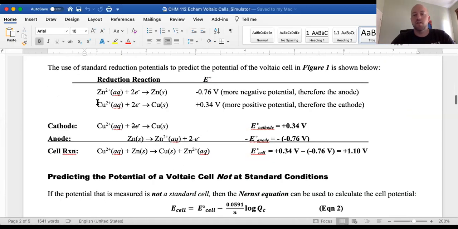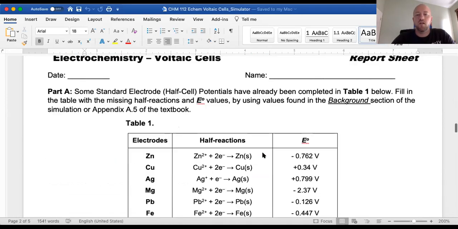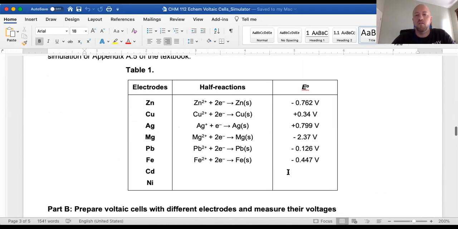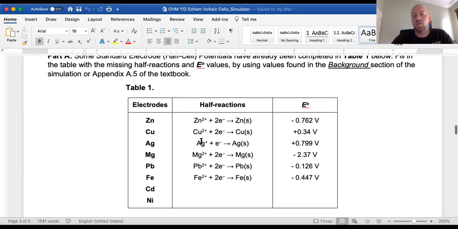You're essentially going to be doing combinations of reduction potential reactions and determining the cell voltage. There are half reaction data tables, so you could look these up in your book as well.